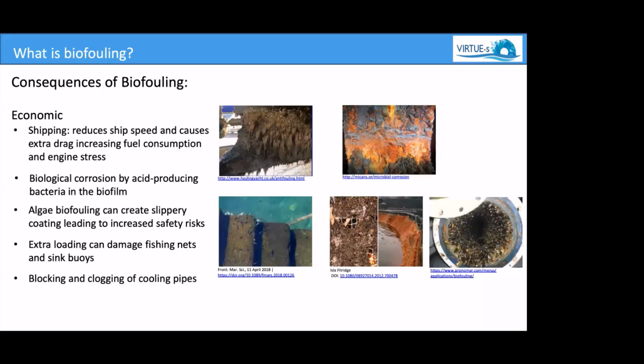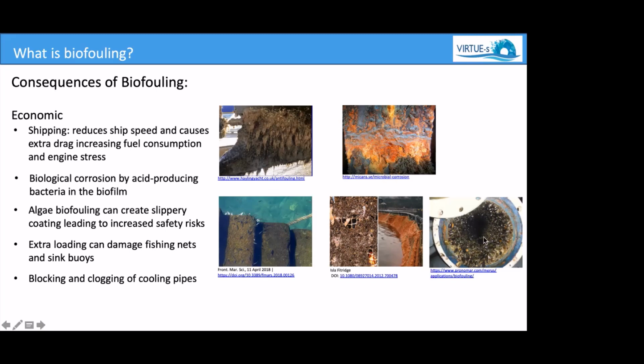Another one is blocking and clogging of cooling pipes. A lot of factories or even reactors use salt water for cooling, and if they suck seawater into the reactors, into the cooling pipes, there will be organisms in the water, and they will start settling on the walls of these cooling pipes.